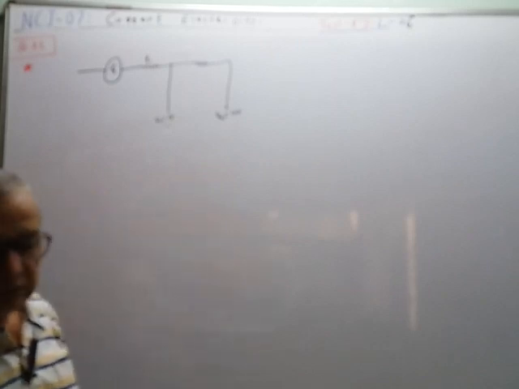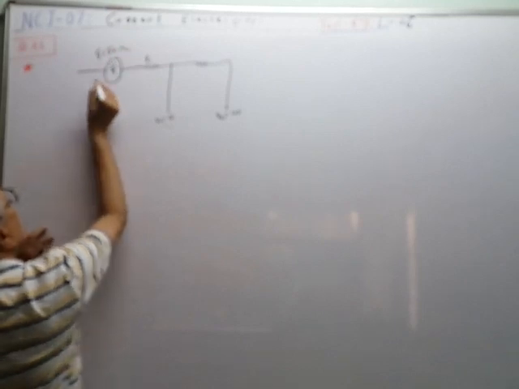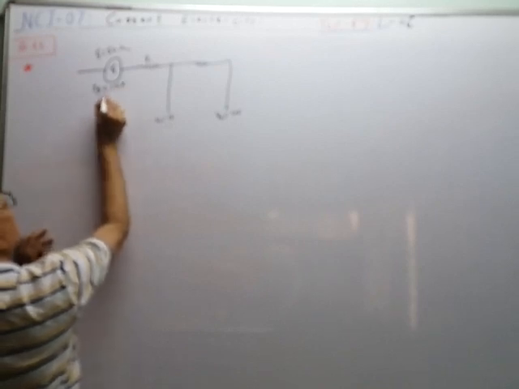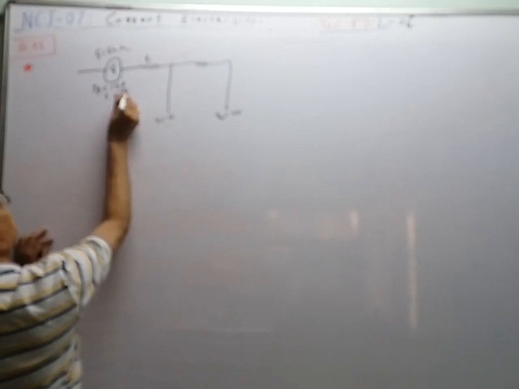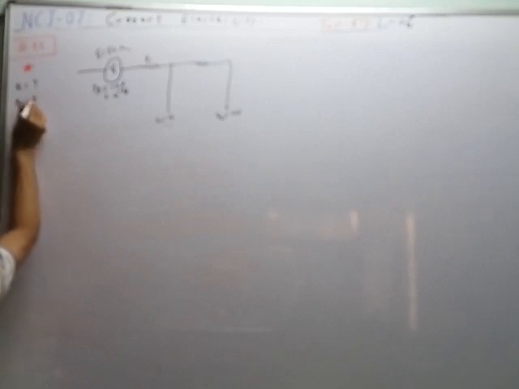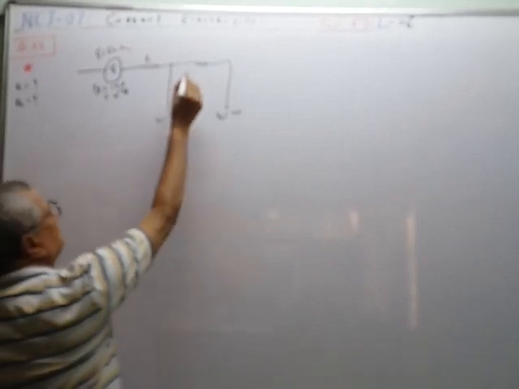Correct? This G is equal to 50 ohm. And the full scale deflection current ID is equal to 1 milliampere, that is equal to 10 raised to minus 3 ampere. R1 question mark, R2 question mark. This is R2.